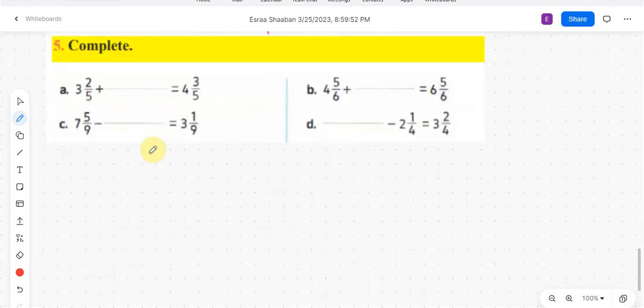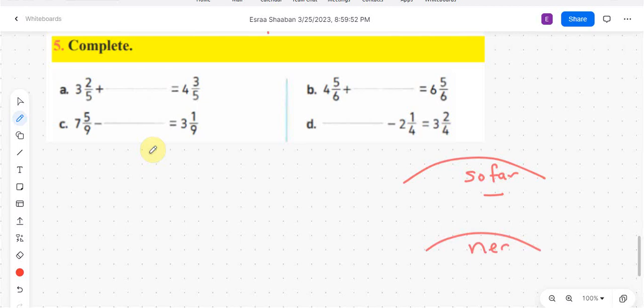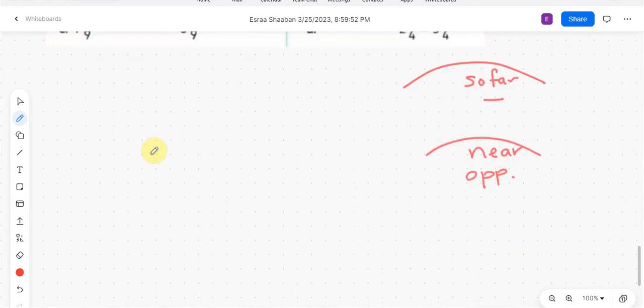Here, when I have a missing number, if the numbers are far apart, I will do minus. If they are near, close, I will make it the opposite. What does opposite mean, Miss? Opposite means if it's plus, I will make it minus.